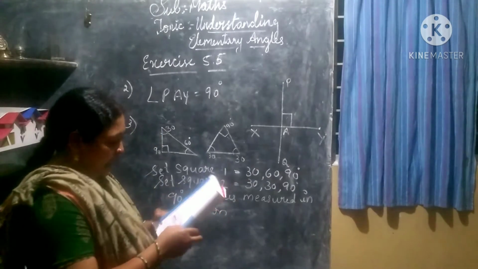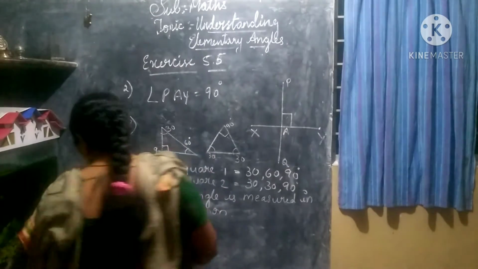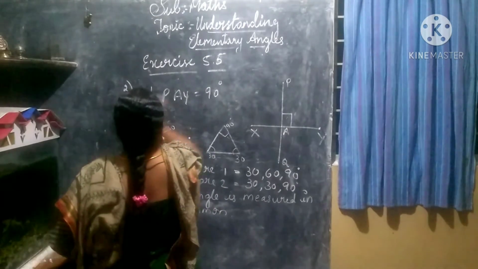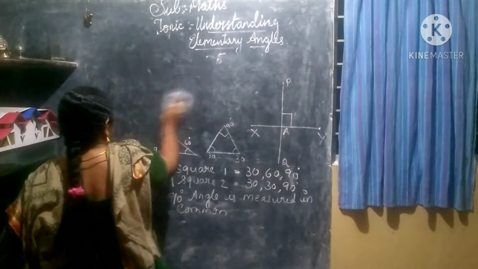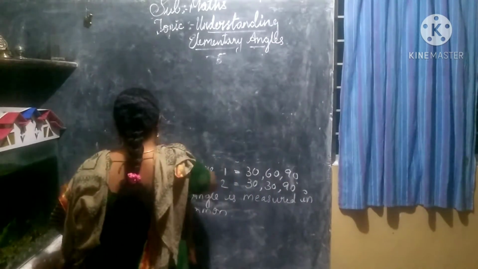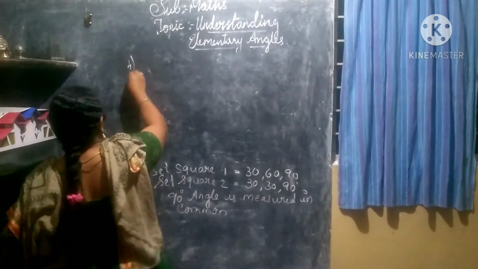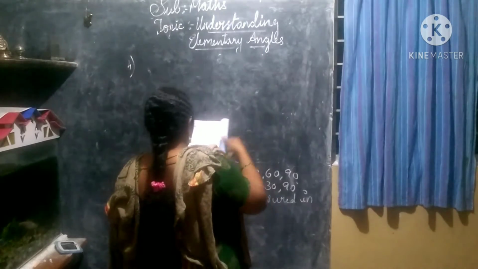Study the diagram. The line L is perpendicular to the line M. So here we have two lines in question 4. In question number 4, there is a line given here.